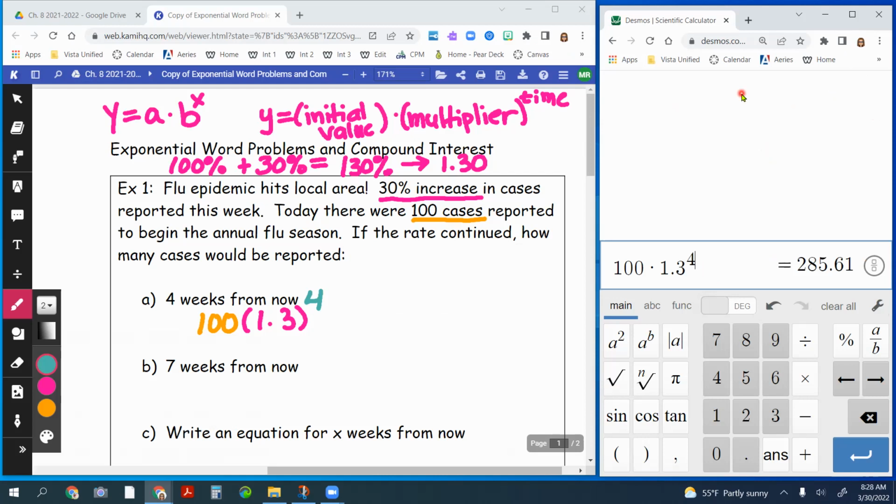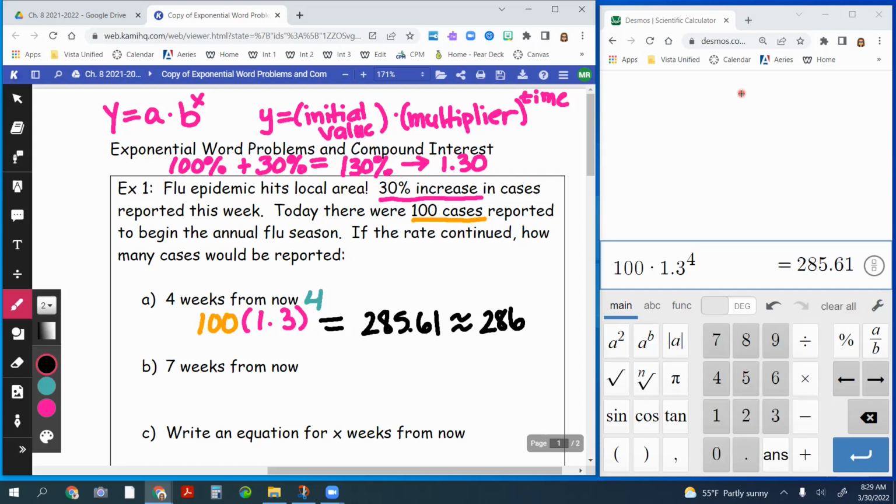And so our answer for this is, this is money. So actually, no, these are people. Sorry, I apologize. 285.61. So about 286 people.